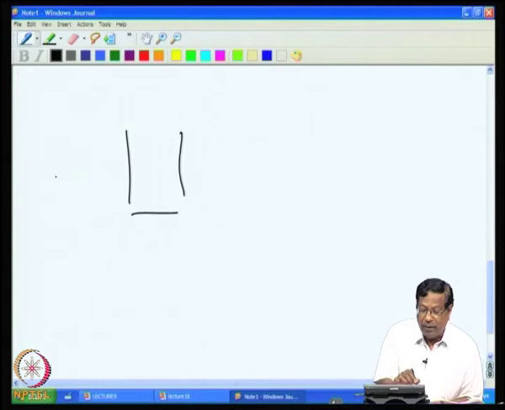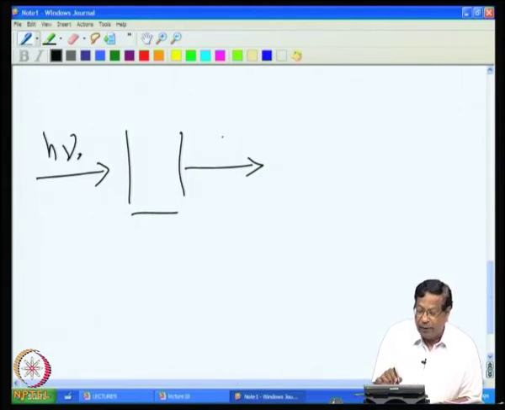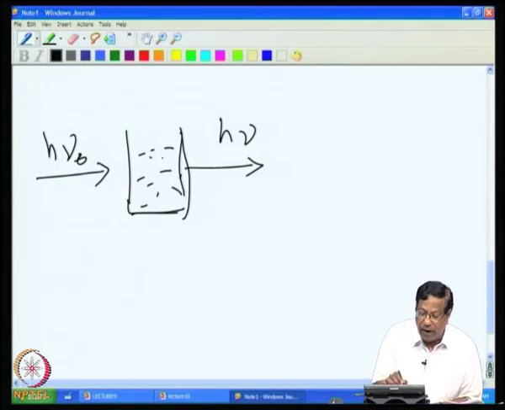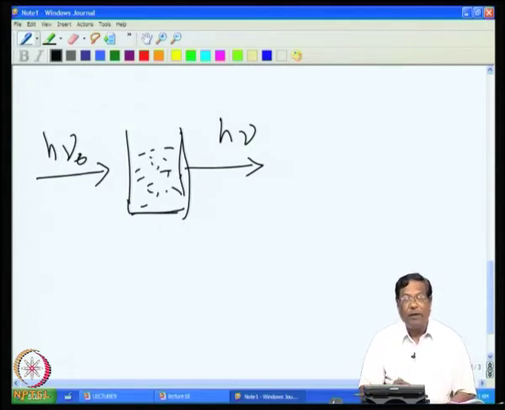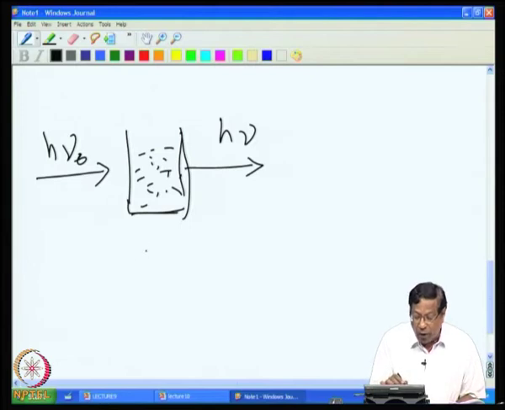Here is your sample, here is your incoming radiation, and then you can choose where to measure. Here this is h mu 0, this is h mu, and this is your sample holder. This contains the sample. Now, you can measure along this direction or along this direction.